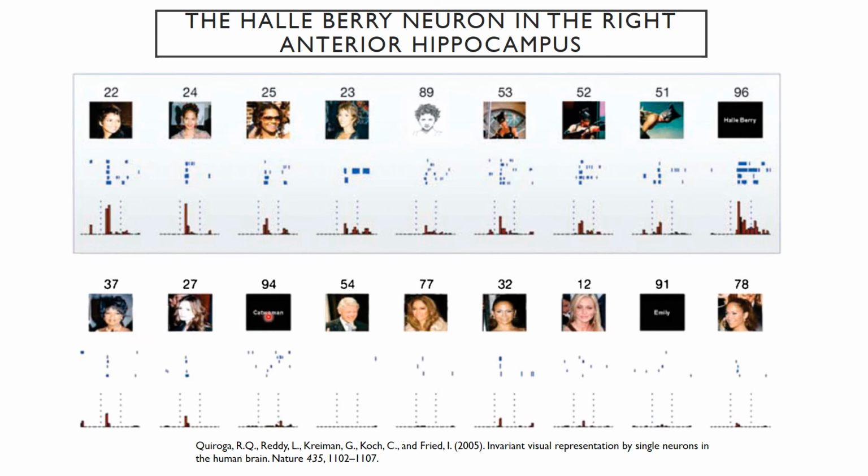Interestingly, it didn't respond to Catwoman, but it definitely didn't respond to Bill Clinton, Jennifer Lopez, or Oprah Winfrey. Well, it had a little bit of response to Oprah Winfrey. In the same individual, they also found other neurons. If I recall, they found neurons that were sensitive to Cameron Diaz. So, person's a big fan of movie stars from the 90s and early 2000s.